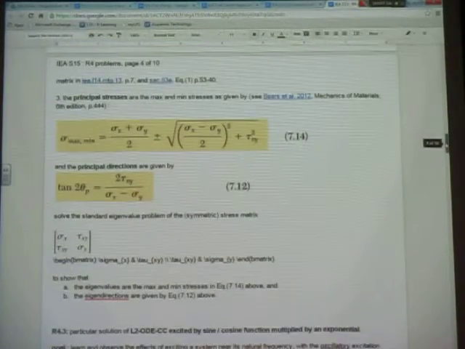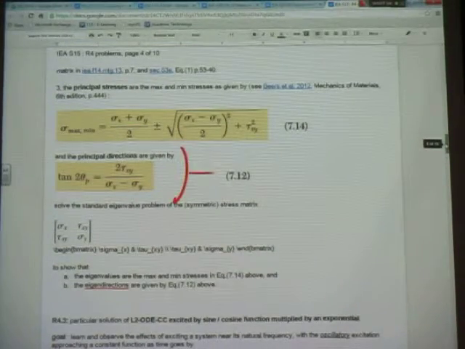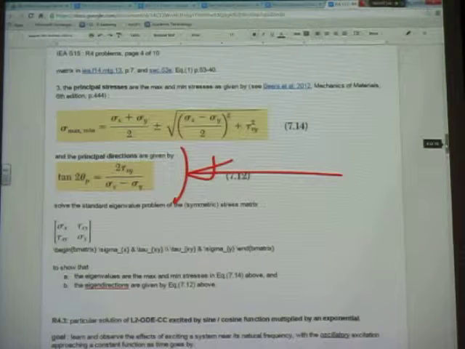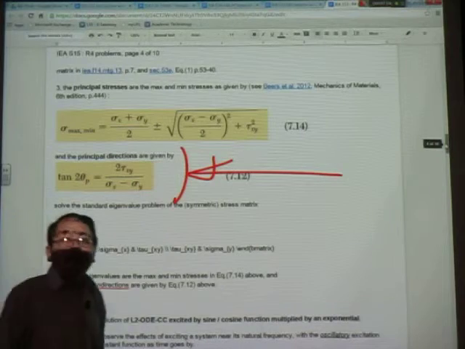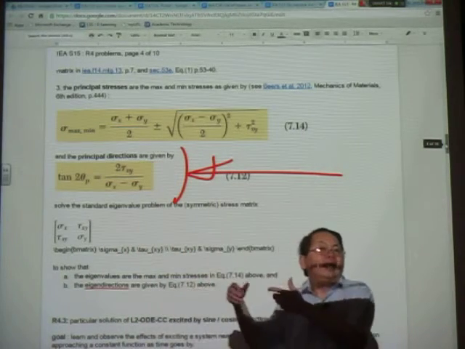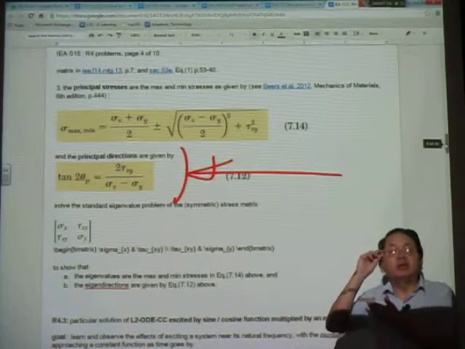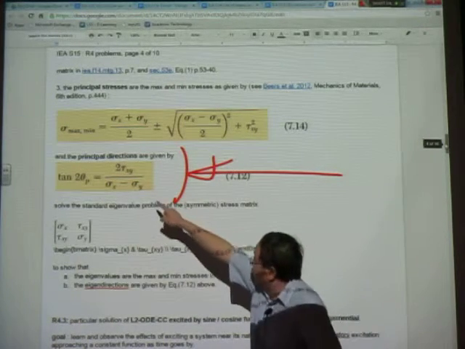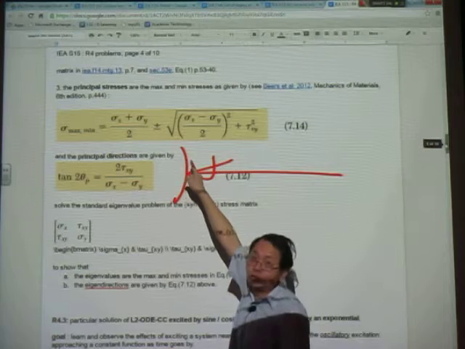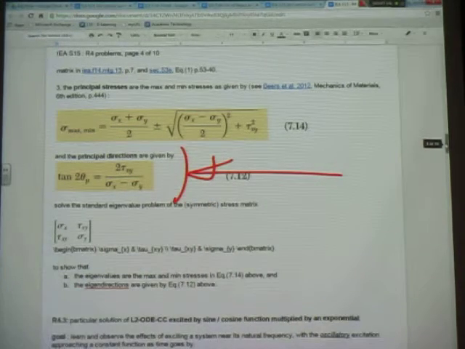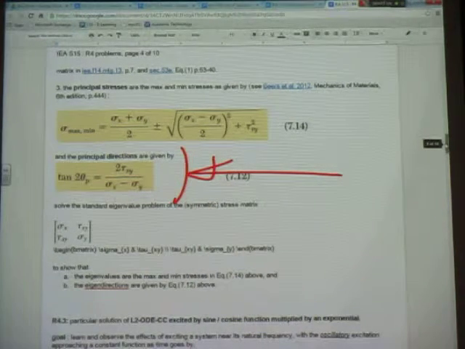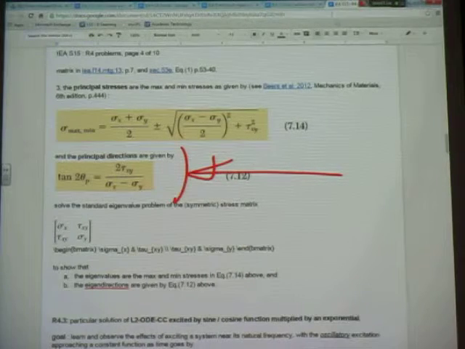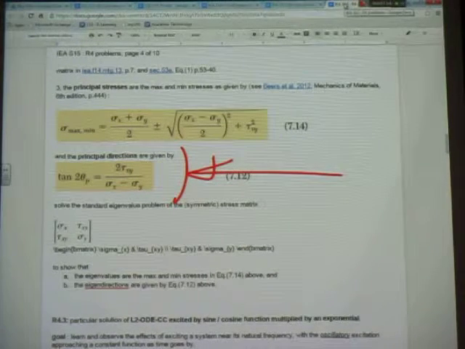Yes, this formula here corresponds to the slope, the second coefficient in the eigenvector, or in the case of mechanics of materials, that's called the principal stress direction. You would obtain this formula. These are the two eigenvalues when you solve the standard eigenvalue problem. So that's all I want to make as a remark.